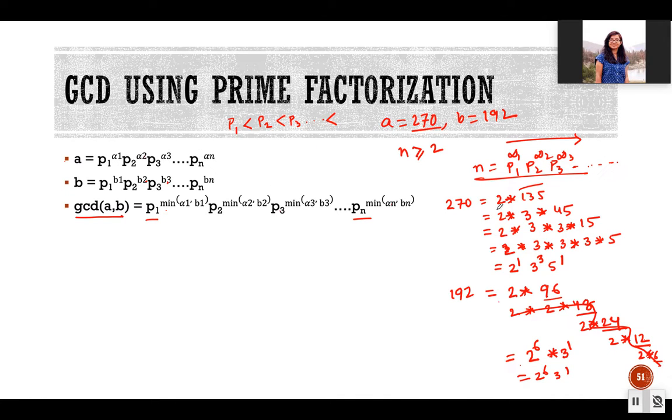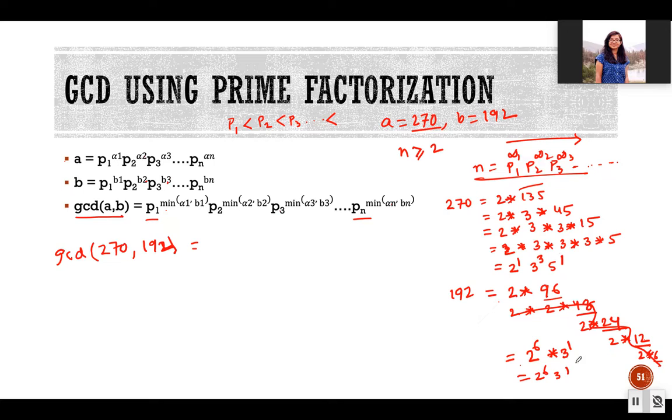So let's now look at how I'm going to find the GCD of 270 and 192. 270 has three prime factors, 2, 3 and 5. 192 has two prime factors, 2 and 3.